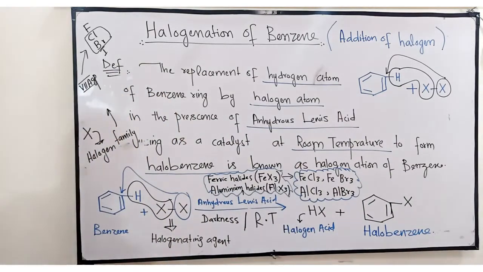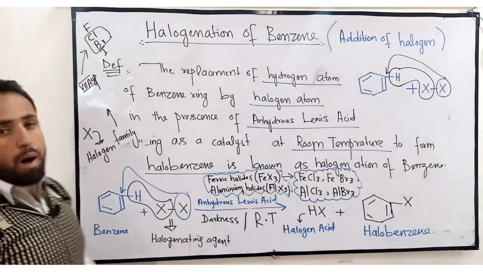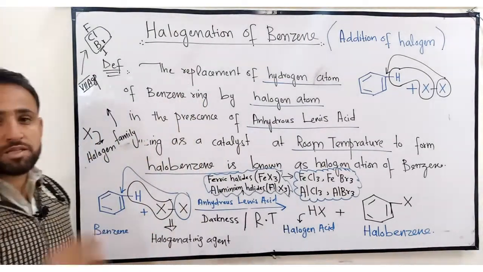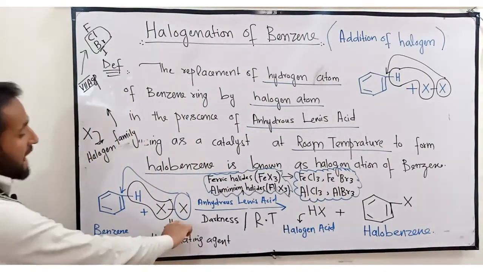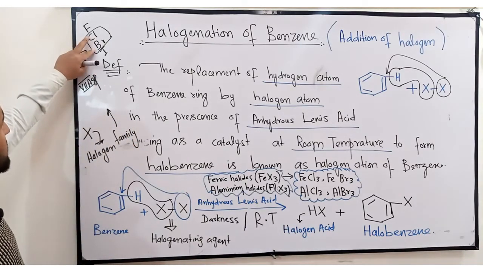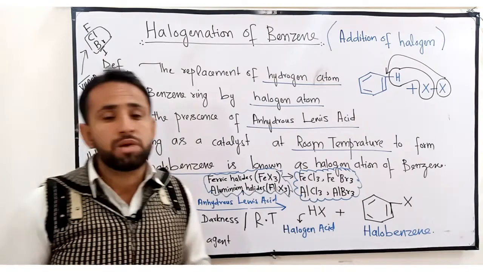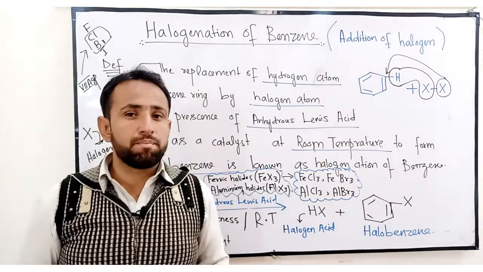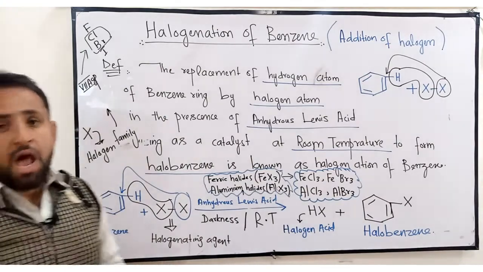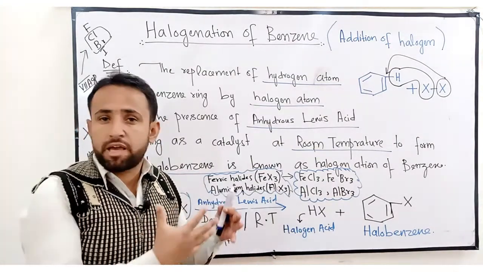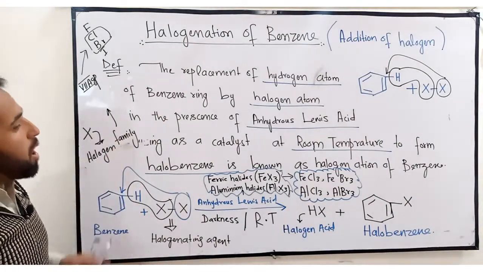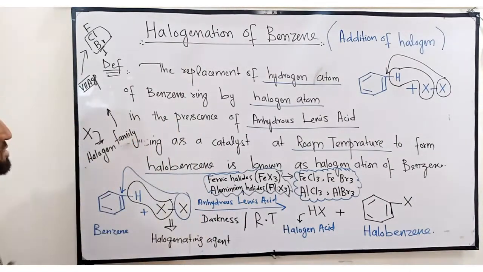This is the general reaction of halogenation of benzene. Again, I am telling, I have written just the general example. This X atom may be, in the case of halogenation, chlorine and bromine. Even in some cases, we also study iodine. Now note its general definition with its general example. I will explain the specific example now, especially about the halogenation of benzene. So note this one down.